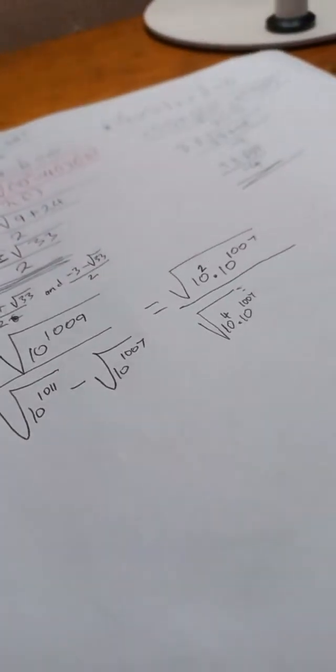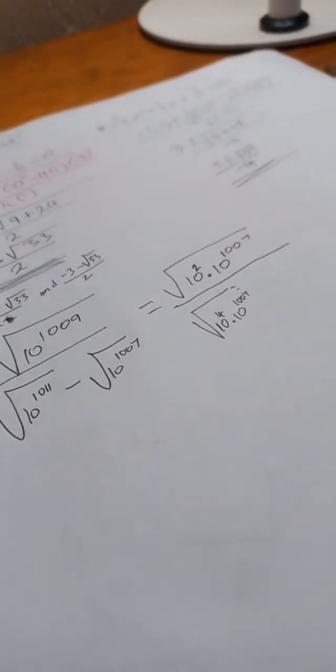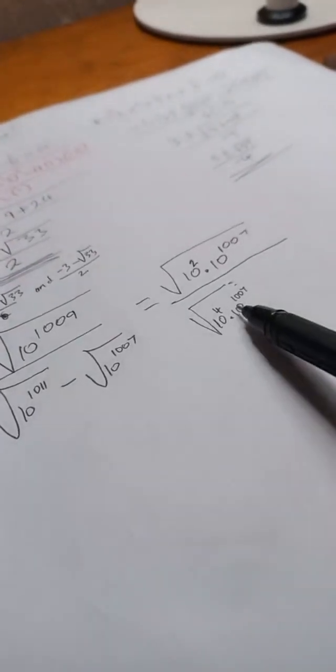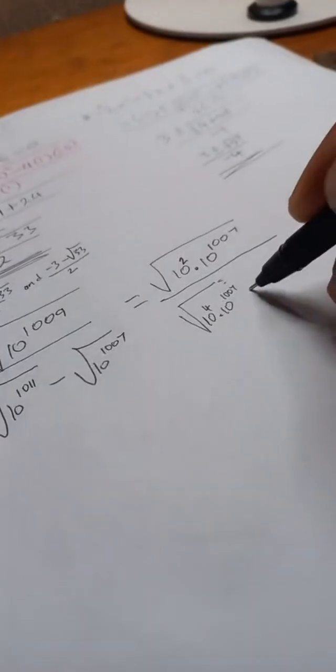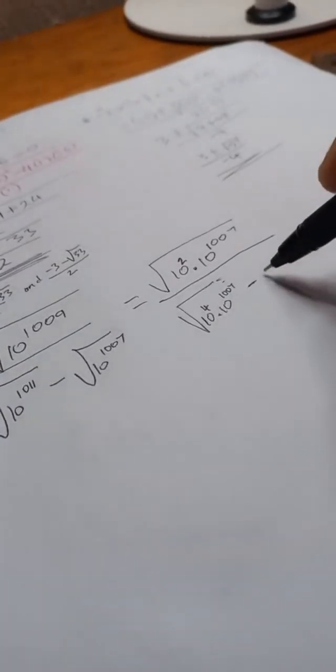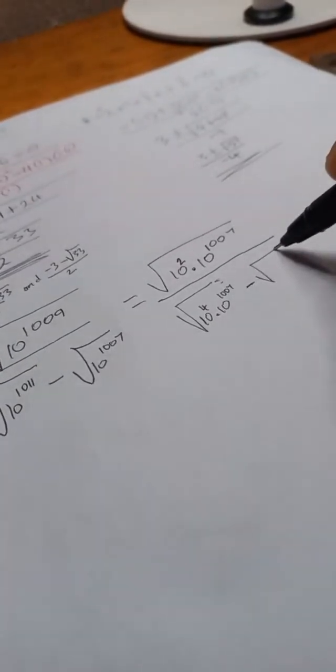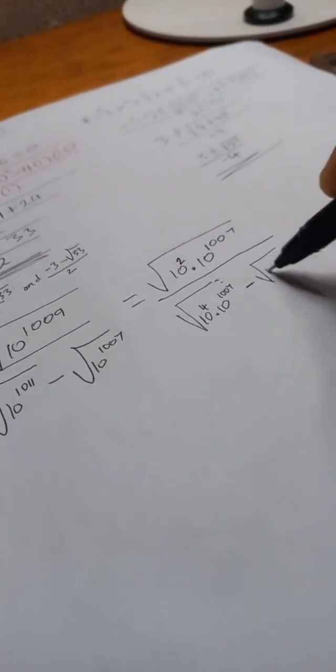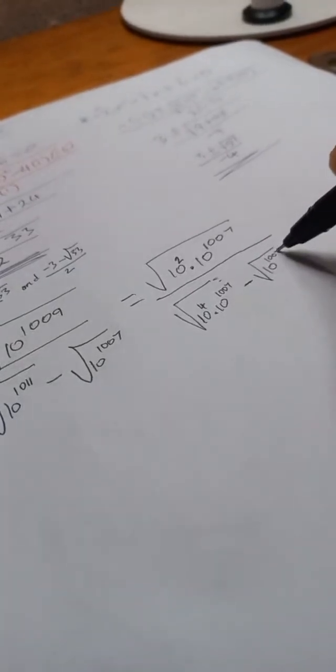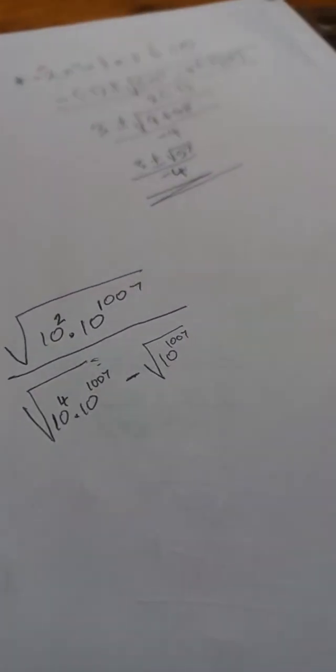That's how we are moving. All right, now we want the other minus square root of 10 to the power the same number. The good thing is now we have 10 to the power 1007. Okay, that's the first stage.